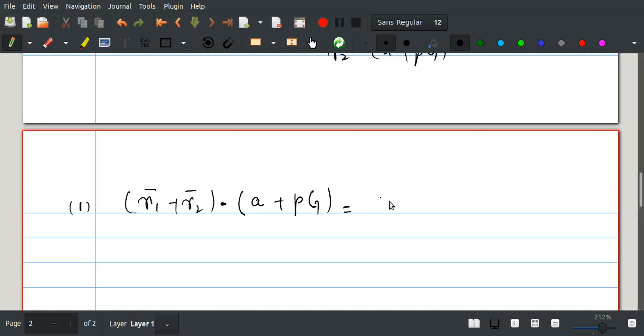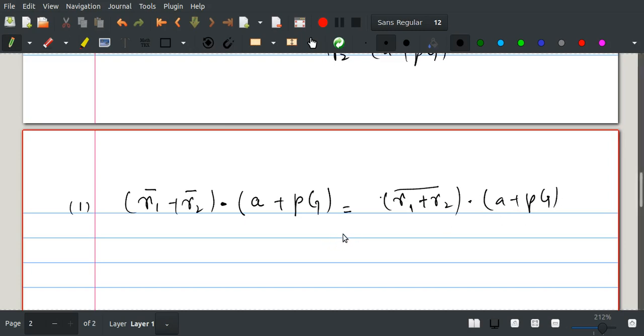By definition, this is equal to R1 plus R2 bar, which is the same as R1 plus R2 whole bar, by definition of equivalence classes in Z mod PZ.